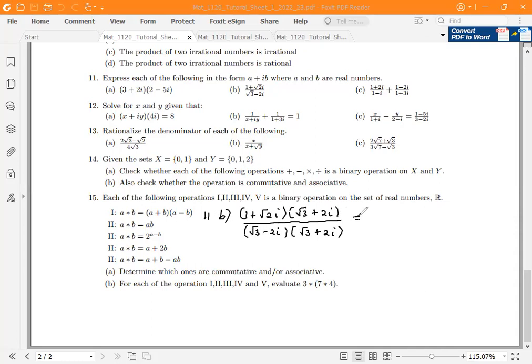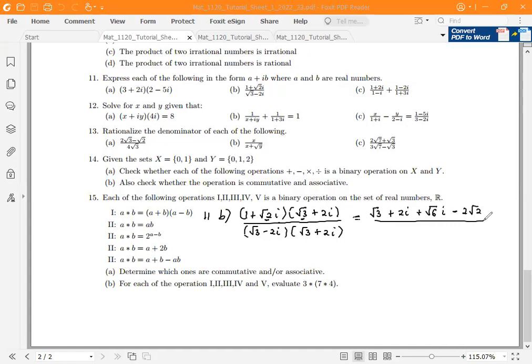That is 1 by root 3, we get root 3, plus 2i, plus root 2 and root 3. It's the same thing as root 6, the i outside. And then i times i is -1. So we have 2 root 2.